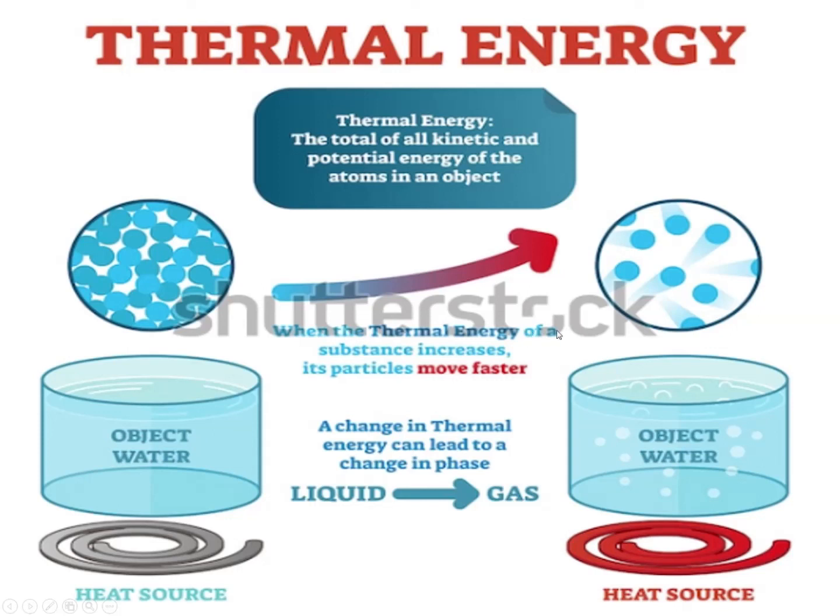When the thermal energy of a substance increases, its particles move faster. As I told you before, when we heat an object, the atoms present in it start moving faster. And a change in thermal energy can lead to a change in phase, like liquid to gas.